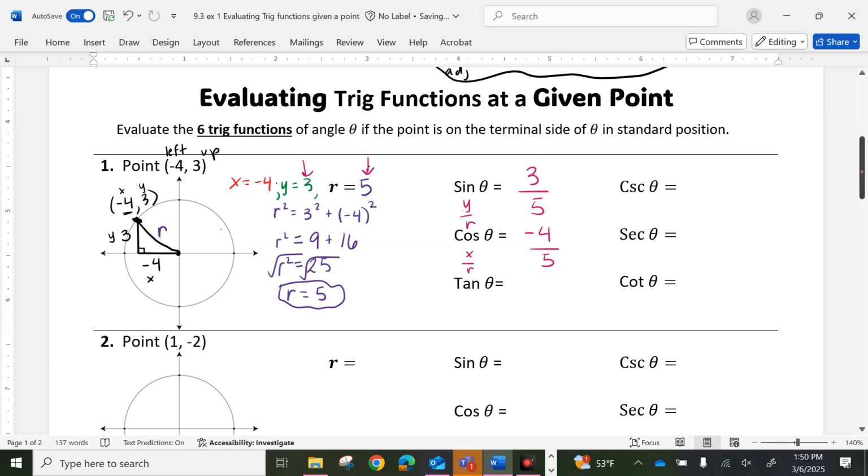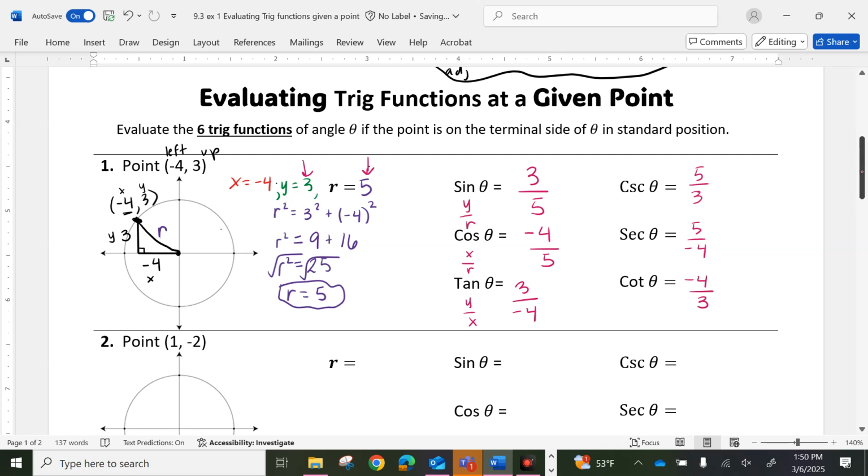And then finally, tangent is y over x. And so that's going to be 3 over negative 4. Finally, we'll go ahead and flip these 3 to get our reciprocal functions. So cosecant is 5 over 3, secant is 5 over negative 4, and cotangent is negative 4 over 3.